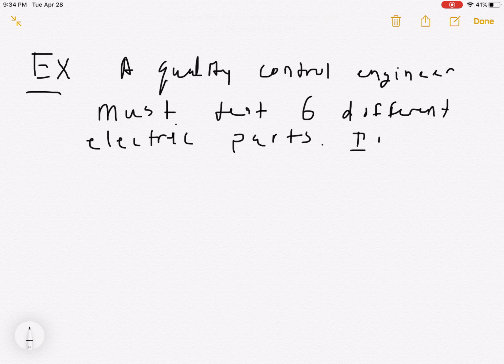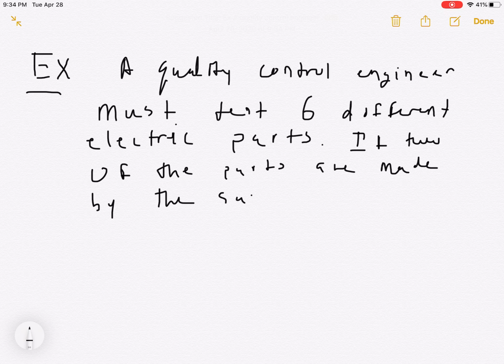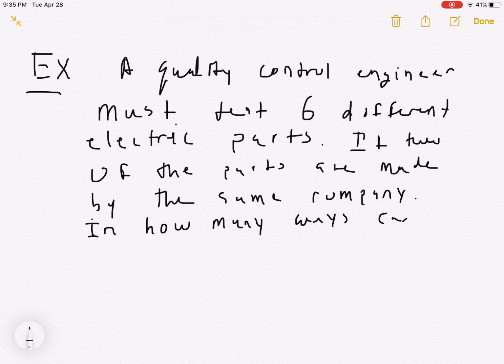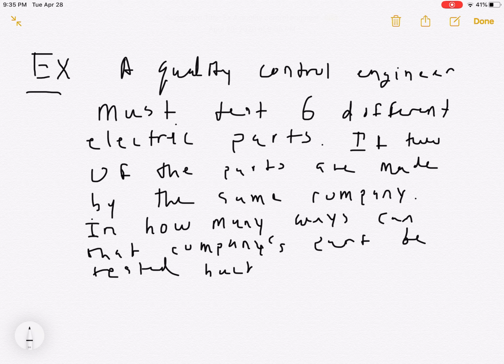Now, if 2 are made by the same company, in how many ways can that company's parts be tested back to back?